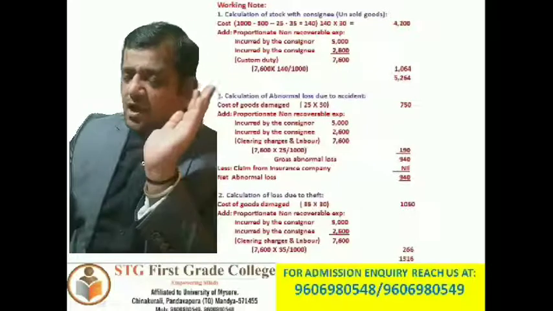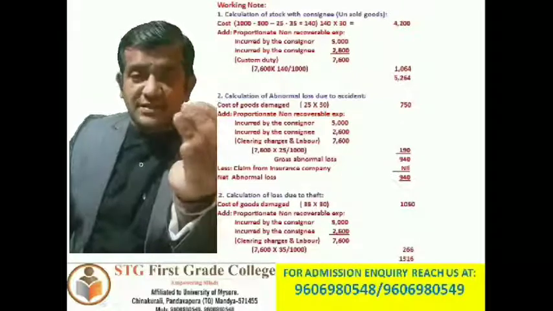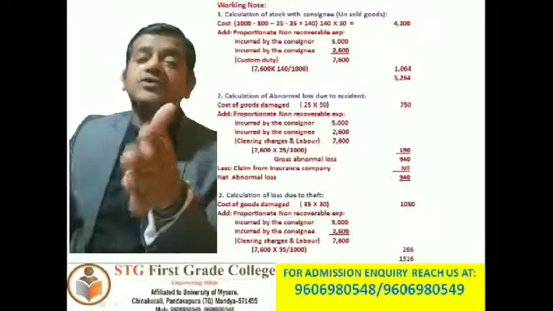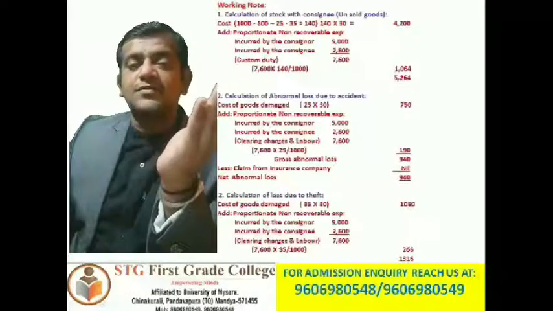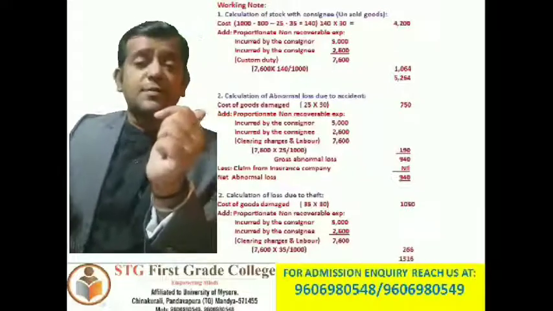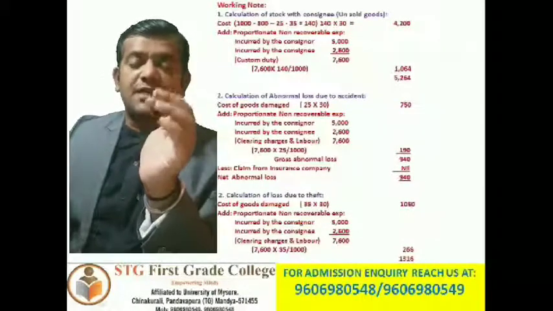As we all know, the expenditure incurred by the consignee after receiving the goods, such as advertising charges, salesman remuneration, or godown rent, the consignor cannot be held responsible for.